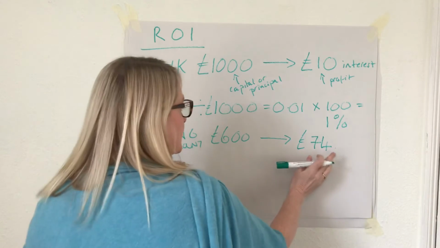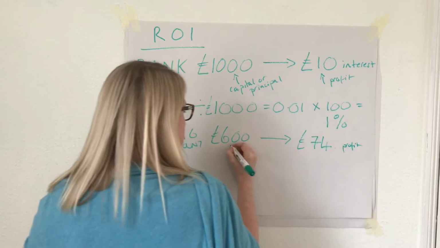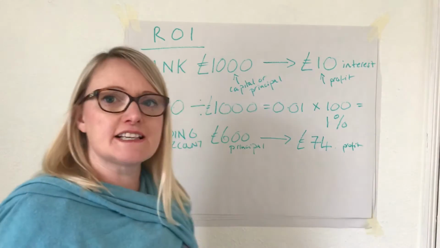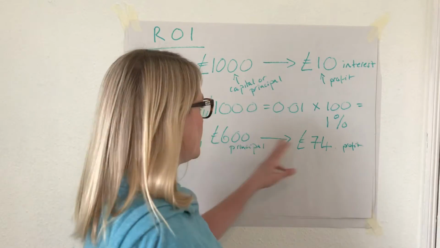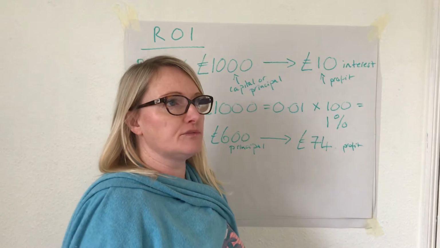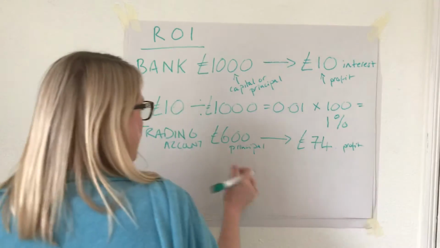Remember, this is the profit here, and this is the principal. So hopefully you can see that you can do this calculation. You could do it with something on eBay as well. Just to give you an example, you could sell something that you've bought for £100, sell it for 150, and then work out what the ROI is.